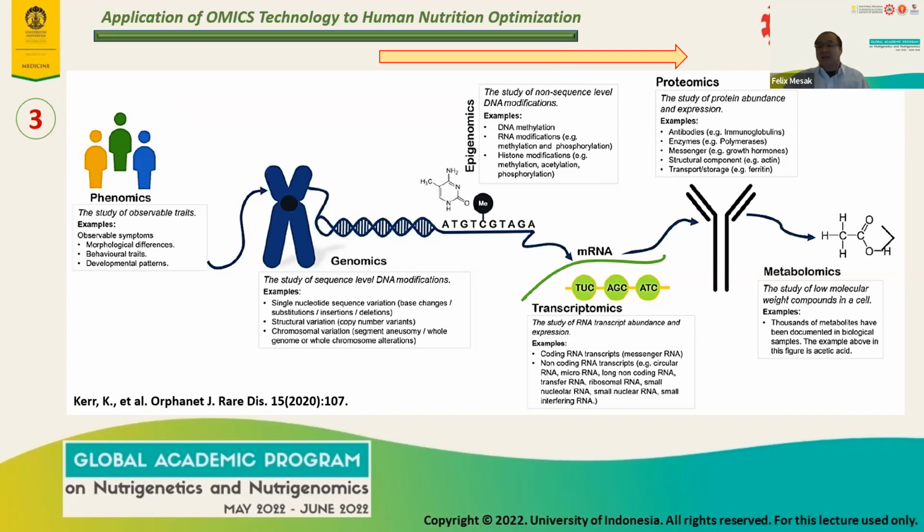And protein would yield small metabolites, byproducts, secondary metabolites. So the study of low molecular weight compounds in a cell, for example, thousands of metabolites have been documented in biological examples such as acetic acid and so on.